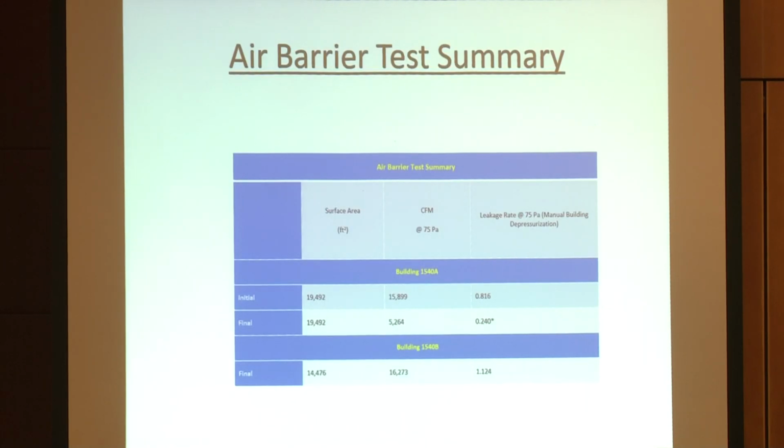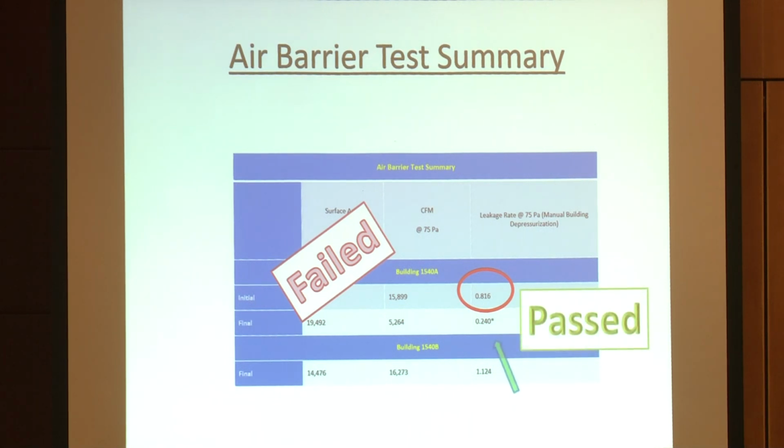What we did is we compared the two. We failed many times, and eventually we did pass just by a little tiny bit, at 0.24. And of course the building next door that we were comparing to was terrible. These buildings were built like 20 years ago, and they were just leaking like crazy. That was the point of that particular test, but we do them all the time.